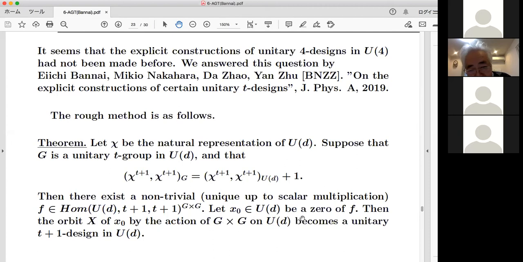If we find such a zero x naught, the orbit of x naught by the action of G cross G on UD becomes a unitary T plus 1 design in UD. So if this condition is satisfied, then from a unitary T group, we can get a unitary T plus 1 design.